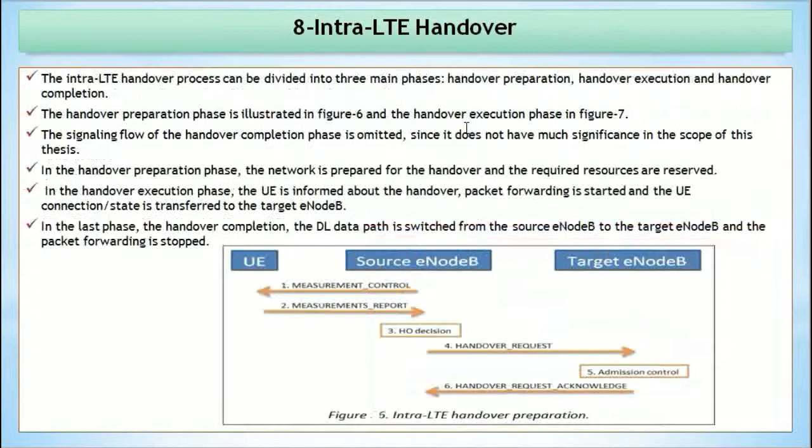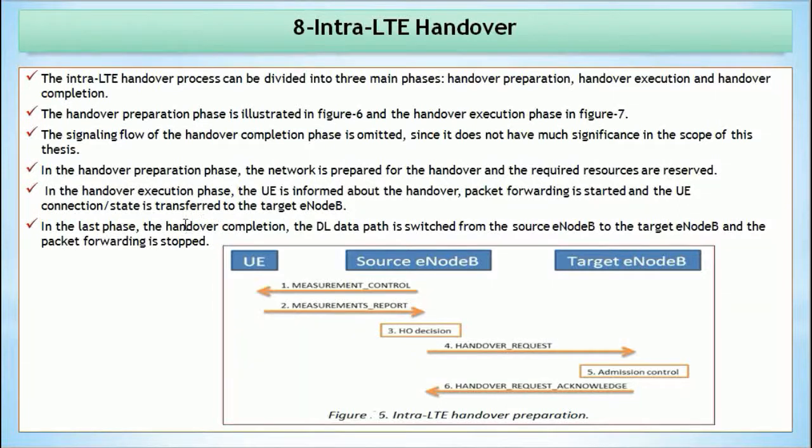In the handover preparation phase, the network is prepared for the handover and the required resources are reserved. In the handover execution phase, the UE is informed about the handover, packet forwarding is started, and the UE connection state is transferred to the target eNode B.